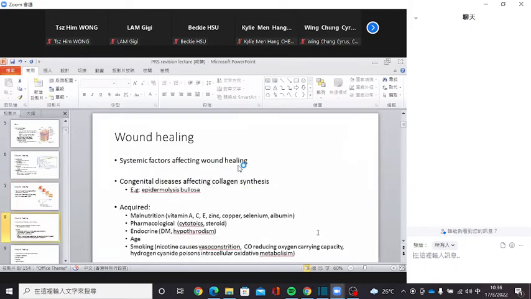So there are some factors that could affect wound healing. Some systemic factors, congenital ones, including diseases that affect collagen synthesis. An example is epidermolysis bullosa.